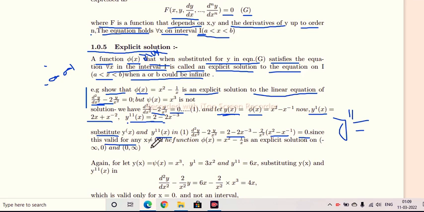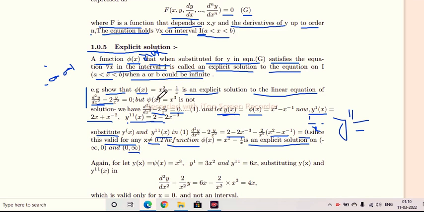Why any x not equal to 0? Because 1 by x is not valid for x equal to 0, so we do not take 0. Then the function phi(x), x square minus 1 by x, is an explicit solution in the open intervals minus infinity to 0 and 0 to infinity.